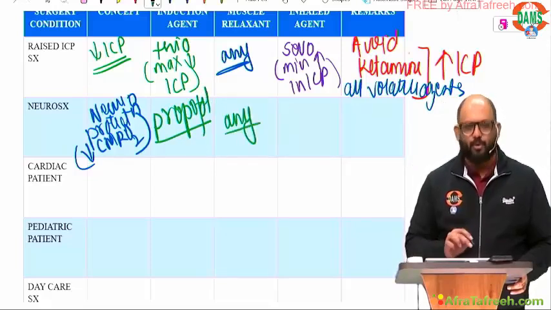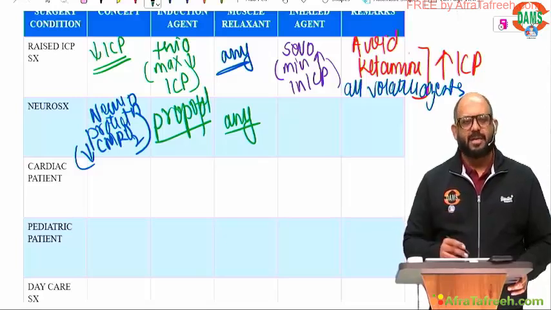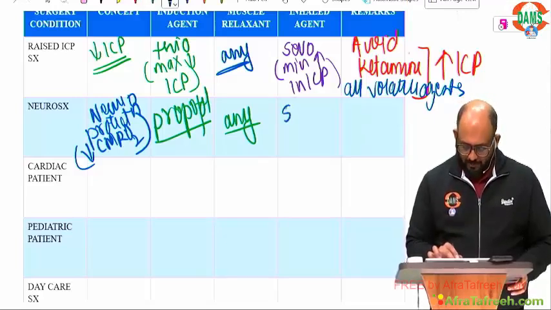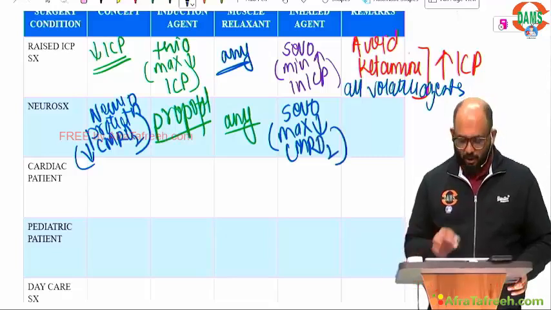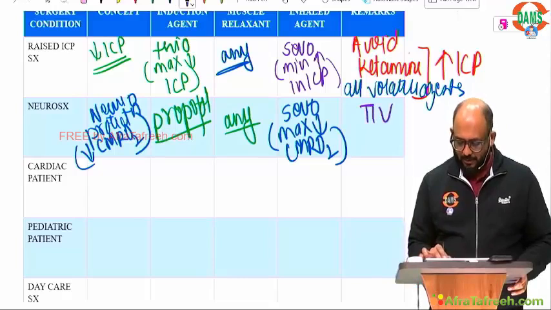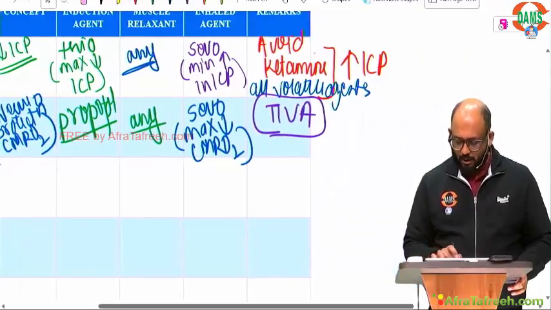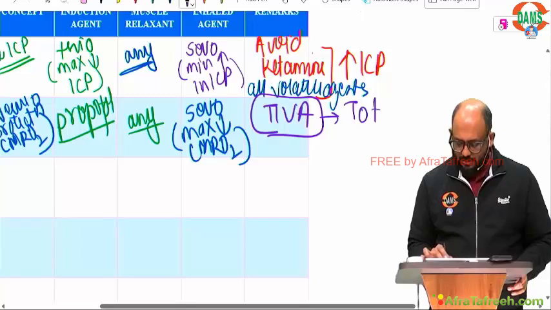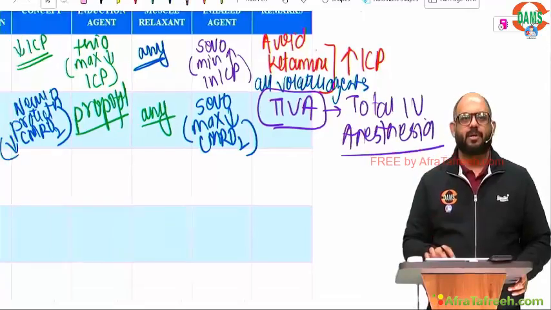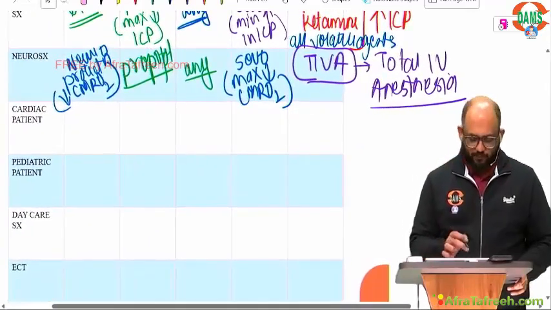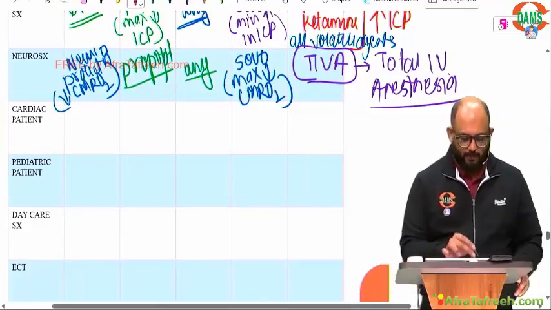Inhalational agent, you use it in the form of sevoflurane, which has maximum decrease in CMRO2, but predominantly you want to use TIVA. What is TIVA? Total intravenous anesthesia, where you want to avoid any inhaled anesthetic agent. Agent of choice for TIVA is propofol.